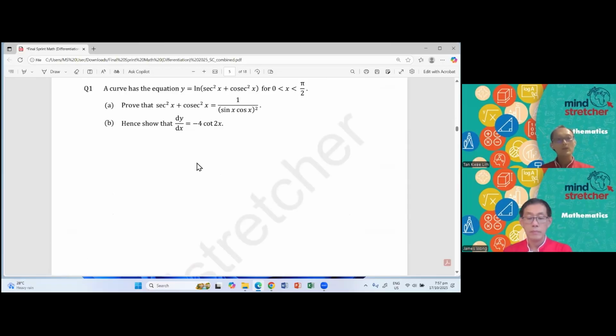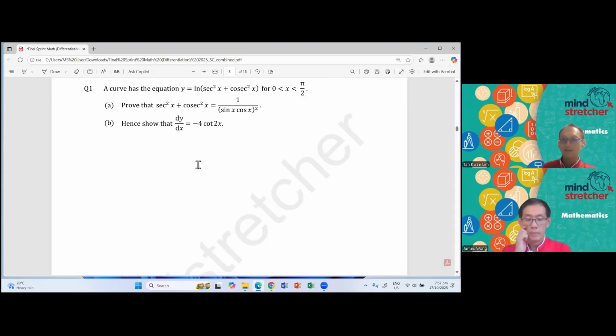And you are to prove that secant square x plus cosecant square x equals 1 over (secant x cosine x) whole thing square, right? So first of all, you notice this is actually given to you, and you are to actually prove this, which is actually in your trigonometry, right?